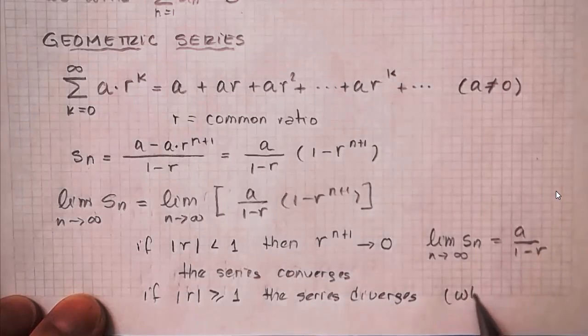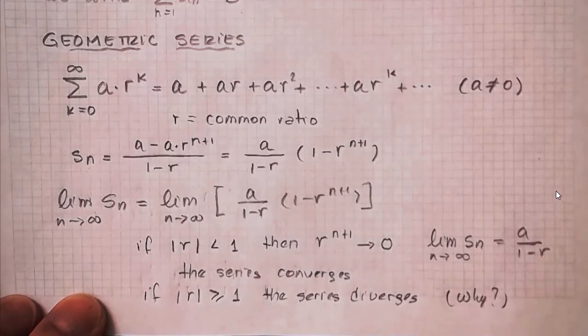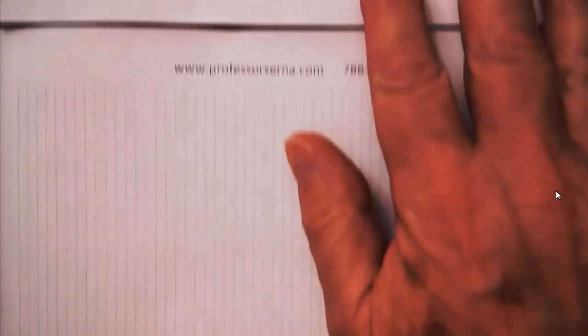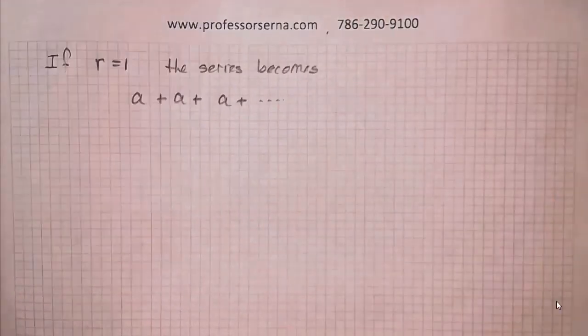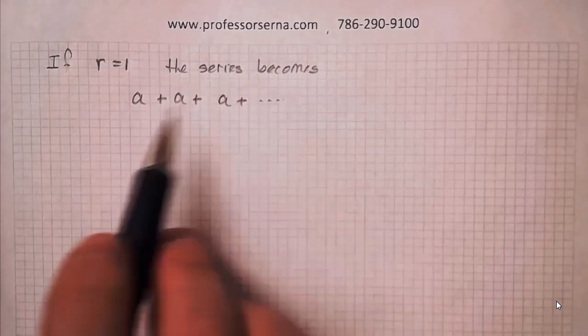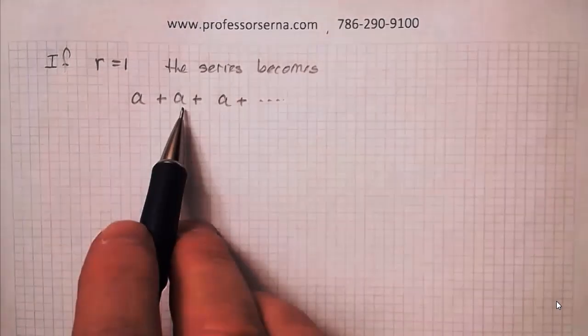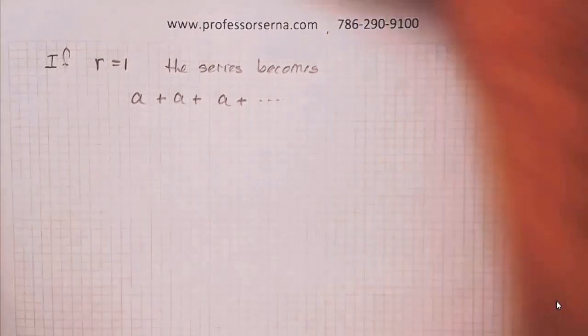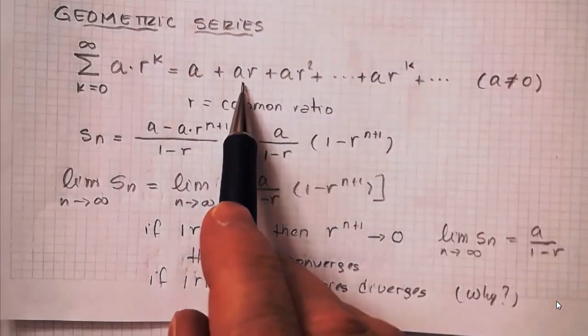Why? Well, let's see. If r is equal to 1, the series becomes a plus a plus a because r is 1. So we have a plus a plus a.